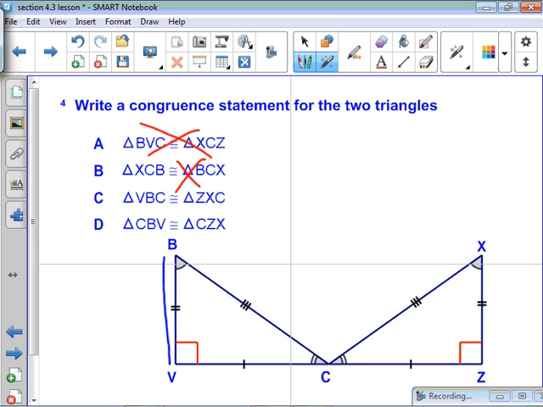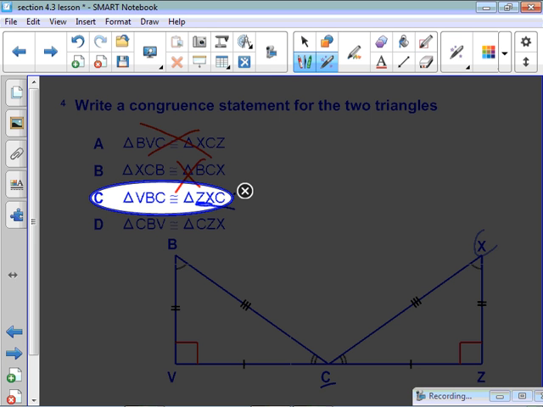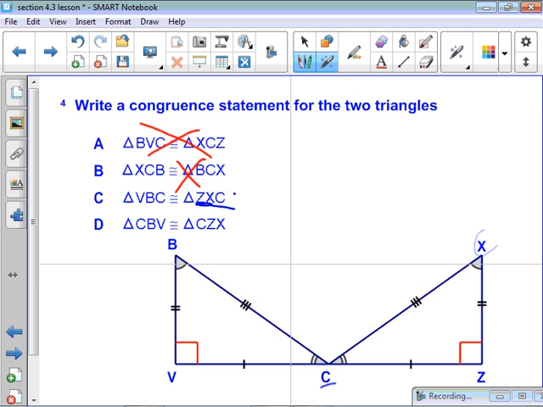We start at the right angle, we go to the single, and then the double. That's the right angle, the single, and then the double. And we need to do the same thing if we were going to say they were congruent. Right angle, single, double. So it should be Z, then X, then C. Z, then X, then C. We have a winner. We don't actually need to do the next one, because if there's only one right answer, then we know it's this one. Okay?